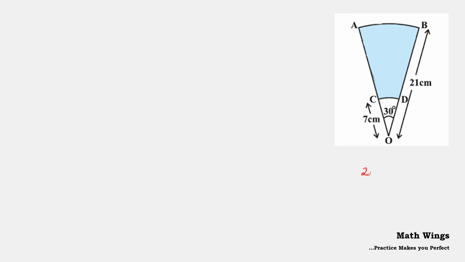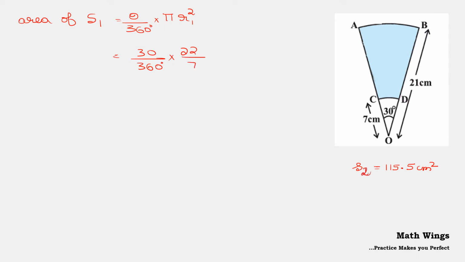What we got earlier? We got area of sector 2 equal to 115.5 centimeter square. So let us find the area of the smaller sector, that is area of S1, sector 1, which is equal to theta by 360 degree into pi R1 square, which is equal to 30 by 360 degree into 22 by 7 into 7 into 7.